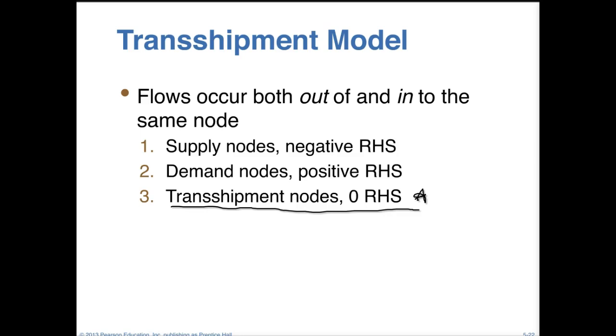So for demand, of course, depending on whether we have more supply than demand, or if it's equal, you may have an equation or an inequality. And remember, a pure supply node is negative, meaning that the product is leaving. A pure demand node means that the product is being received, so that's why it's positive. Of course, for a transshipment node, everything that goes in is also going out.